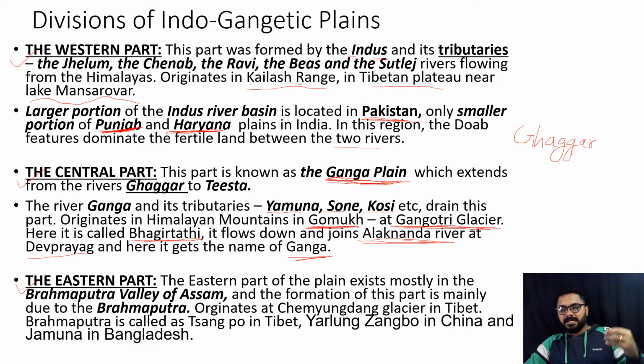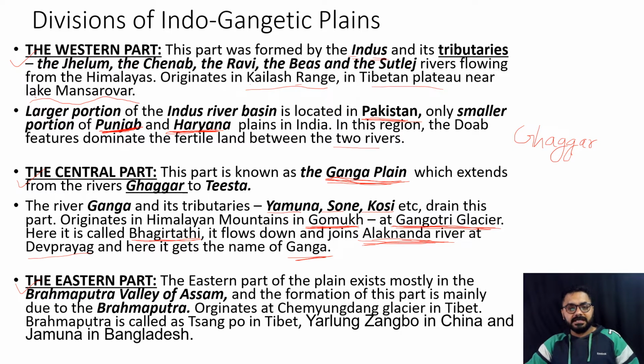At that place the river is called Bhagirathi. The Bhagirathi flows down and joins with another river called Alaknanda at Devprayag, and it is from this place that the river gets its name as the Ganga River.